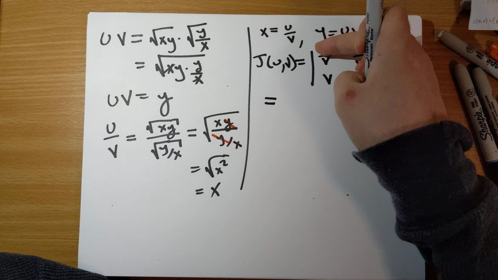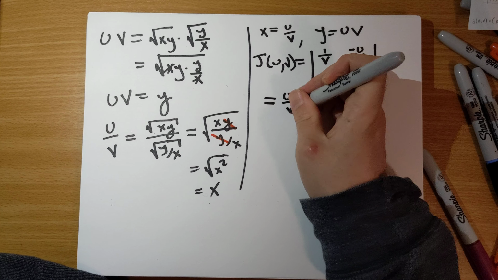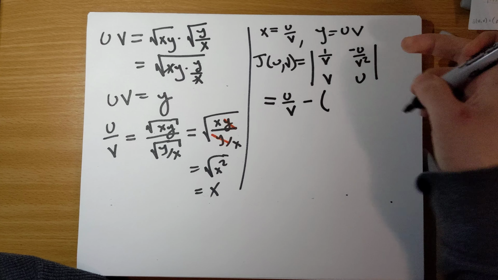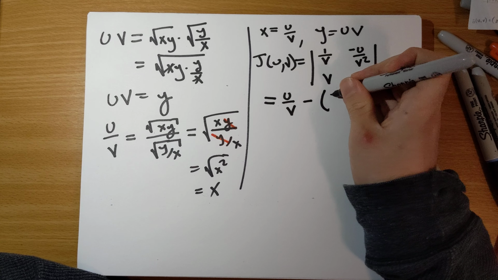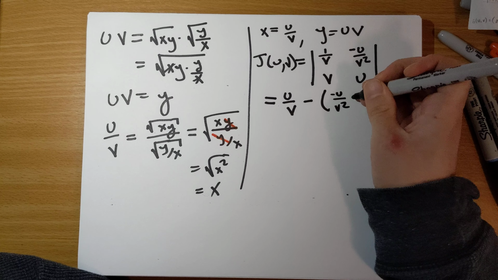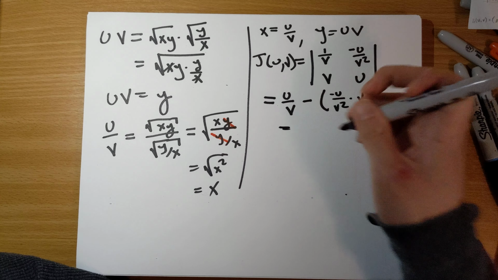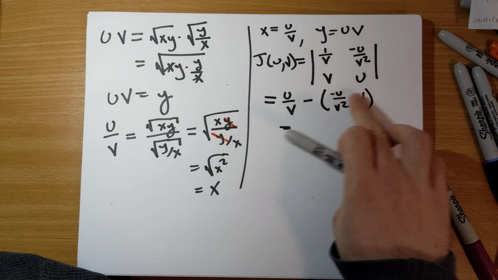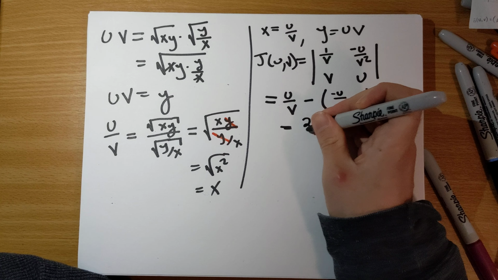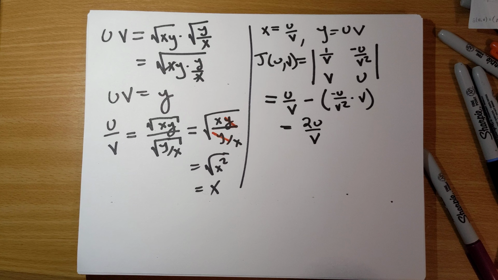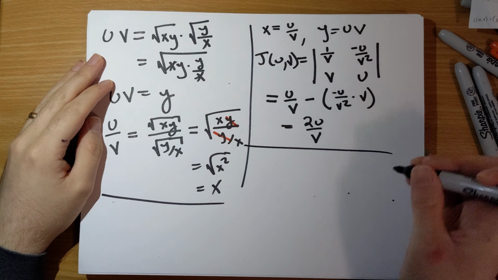And so we end up with 1 over v times u, that's u over v, minus negative u over v squared times v. This is u over v plus u over v, so 2u over v. So what does this tell us?